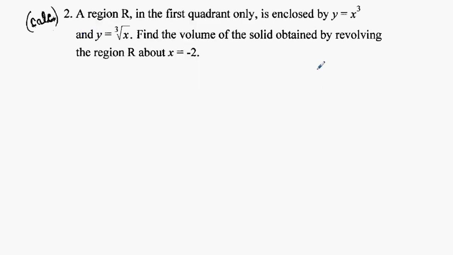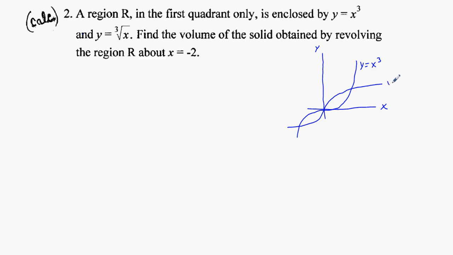So we have an XY coordinate plane. We have y equals x cubed right here like this. So this is going to be y equals x cubed, and then we have y equals cube root of x that looks something like this.